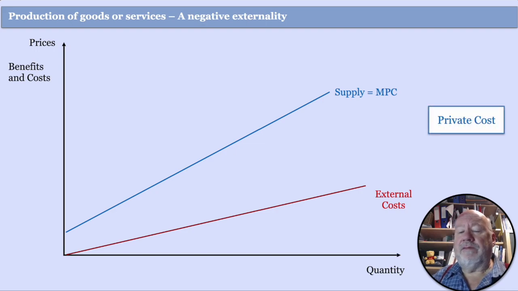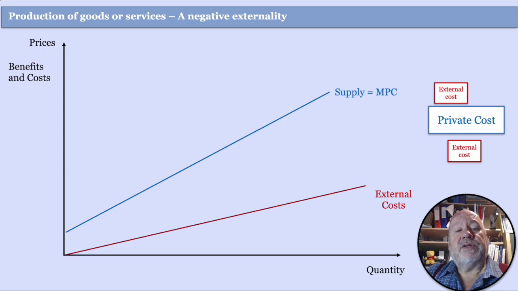So therefore, we need to think, well, what is the cost to the whole society? And the key about society, or social costs and benefits, is that it includes the first party and the third party, i.e. the private and the external. So there might be a private cost here, for example, and there might be a couple of external costs, maybe pollution, maybe congestion, that go on because of the firm's decision to produce and take into account all its private costs.